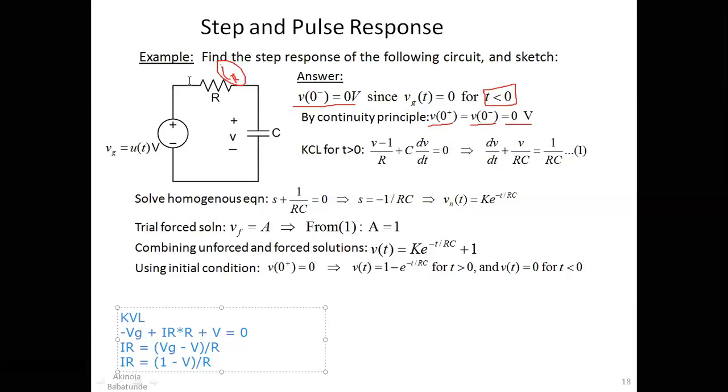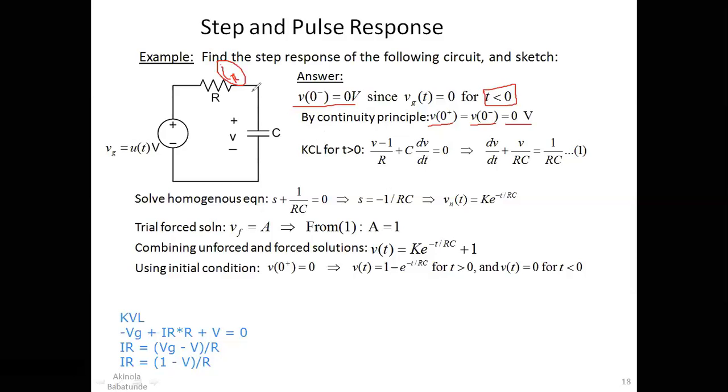Now that we know the current passing through here, we can go ahead and find our KCL. For KCL, we usually have what we call a node, so you can have a node somewhere between these two elements. KCL says that the current entering a particular node must be equal to the current leaving the node, or the sum of all the currents around a node must be equal to 0.